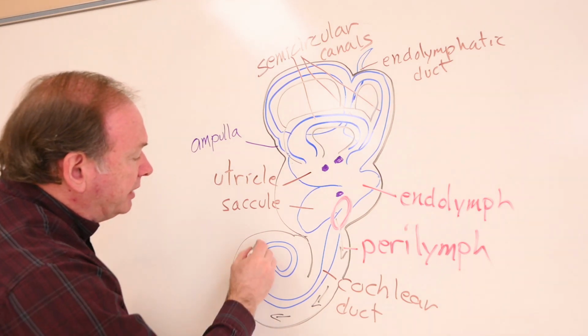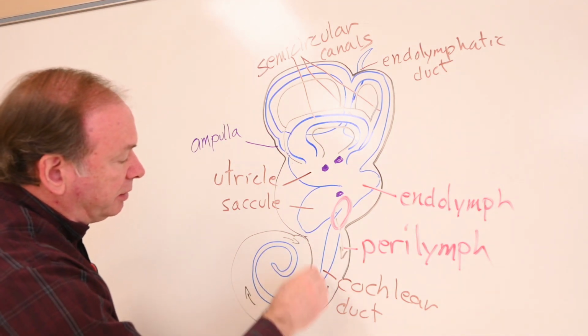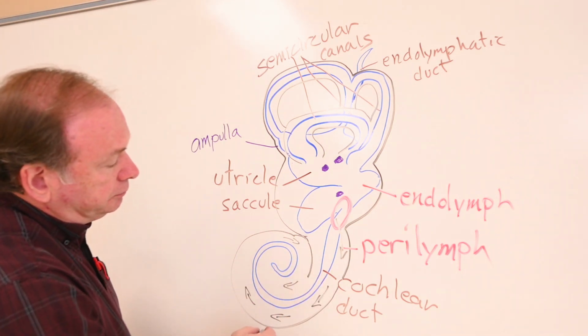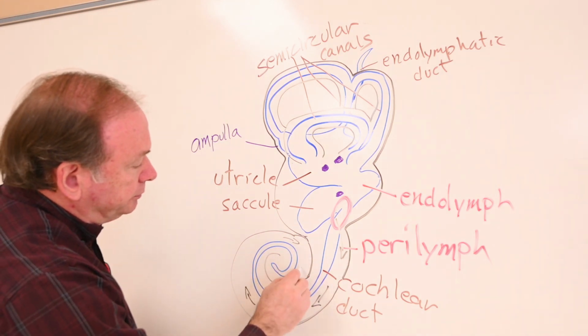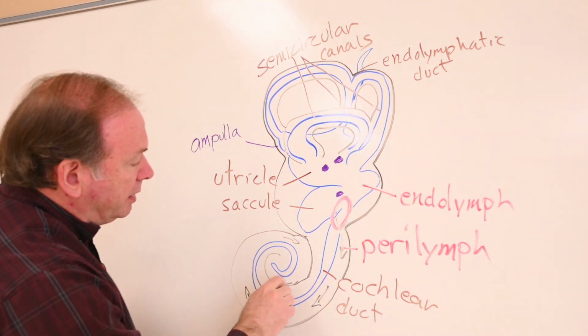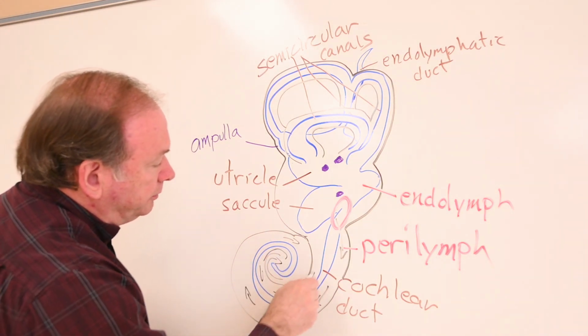And that sound wave passes through here all the way around and then is reflected back the other way. Somehow I didn't draw that quite right. Here we go. So it comes in here and then it circulates back out in the other direction.